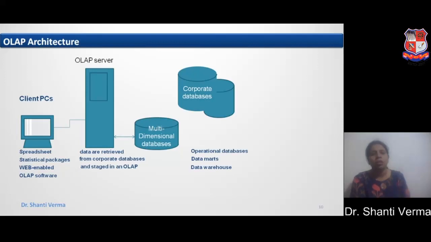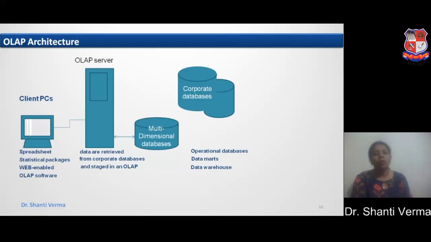Now let's discuss the architecture of OLAP. OLAP is one type of server that deals with multi-dimensional databases. In client PCs, there are different types of data sets in different formats, either in a spreadsheet, or clients using a statistical package, web-enabled software or OLAP software.